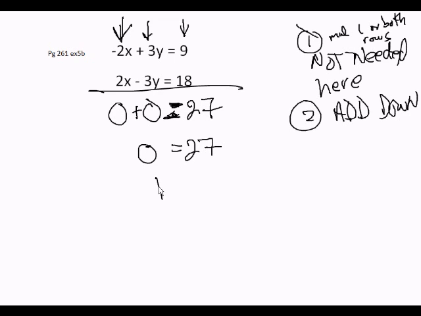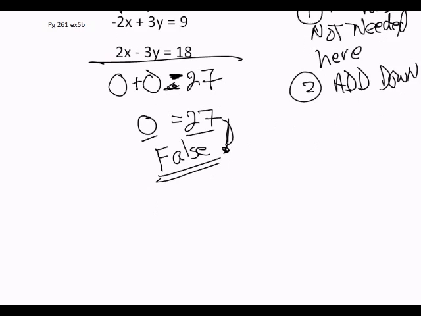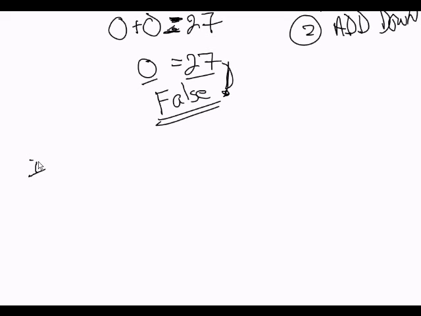So 0 plus 0 is 0. So 0 equals 27. Is this true or false? No, because 0 does not equal 27. The question is, does 0 equal 27? No, 0 is 0. So this is a false statement because it's not 0 equals 0 exactly.